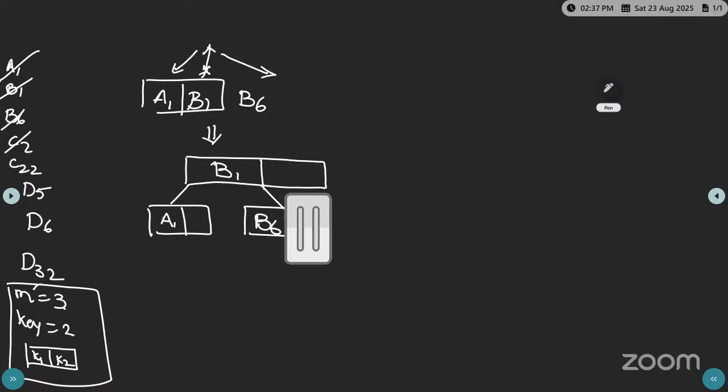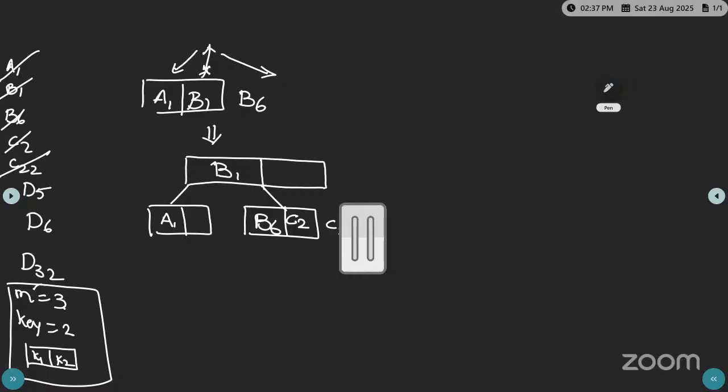Where can we insert C22? Yes, C22 here. Okay, but no space, overload.